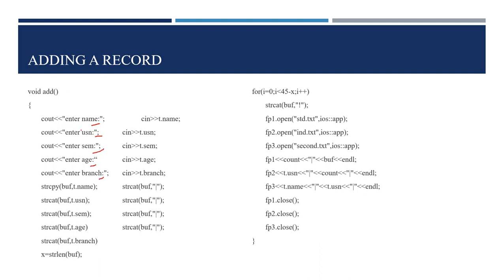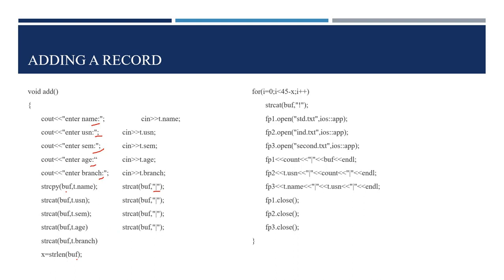Once every element is entered by the user, it will be copied to the buffer, along with concatenating the delimiter to each element in between the records. Each and every element is differentiated with a delimiter: name, delimiter, USN, delimiter, semester, age.